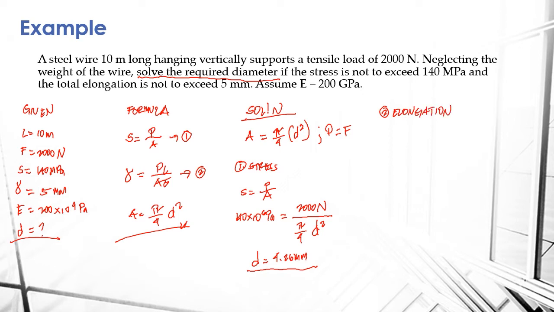Elongation is PL over AE. The elongation is 5 mm, equal to 2,000 newtons times the length of 10 meters, all over area, pi over 4 d squared, times E, the modulus of elasticity, 200 times 10 raised to 9 Pascal.